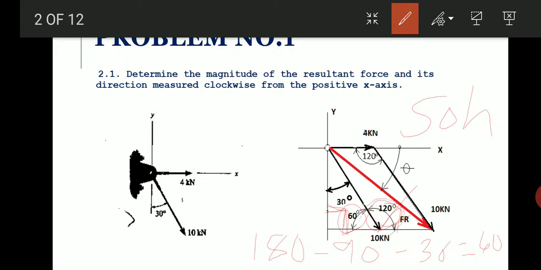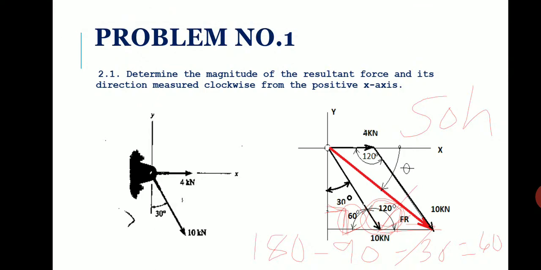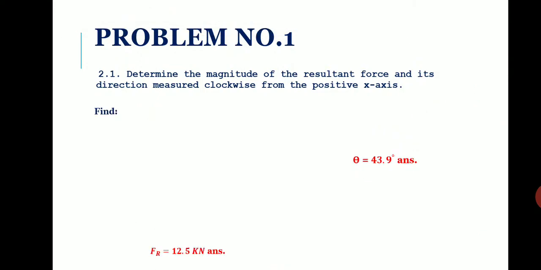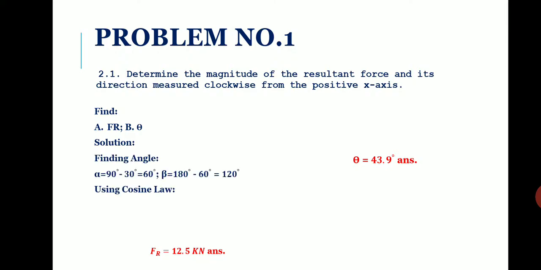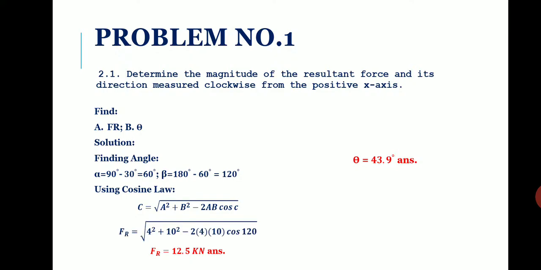So we have the given 120 degrees, and then we have the given 10 kilonewton and 4 kilonewton here. So we will use the cosine law.